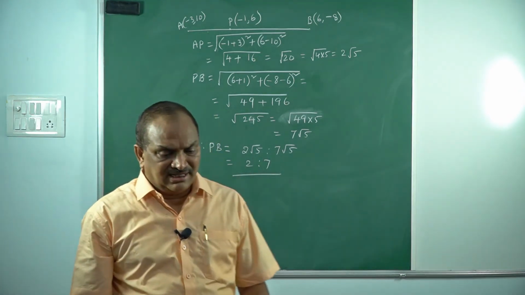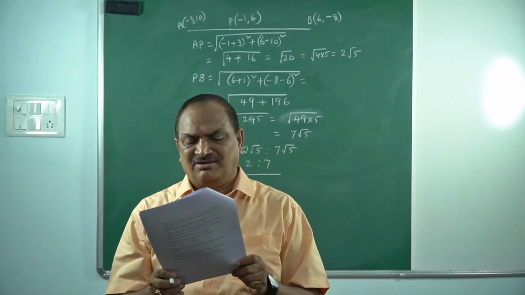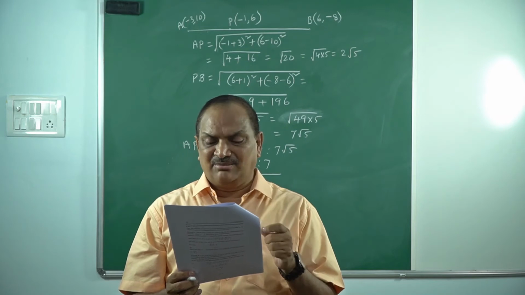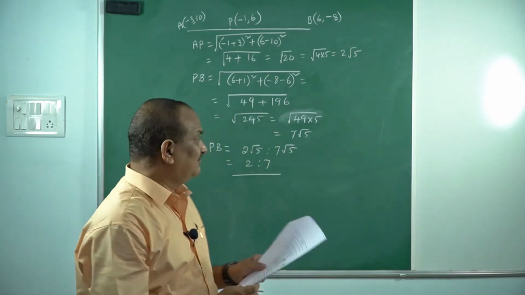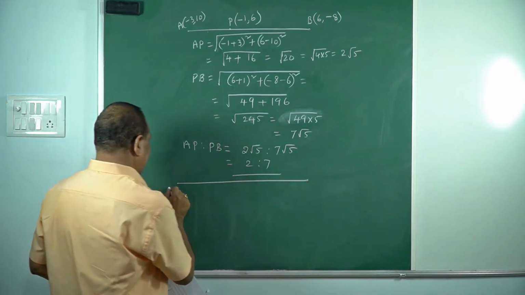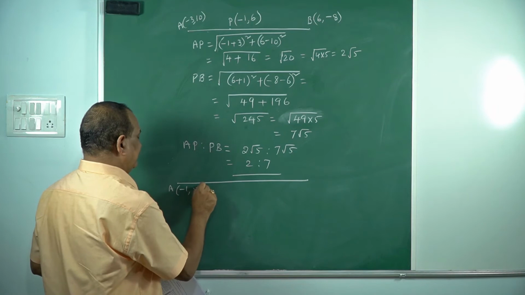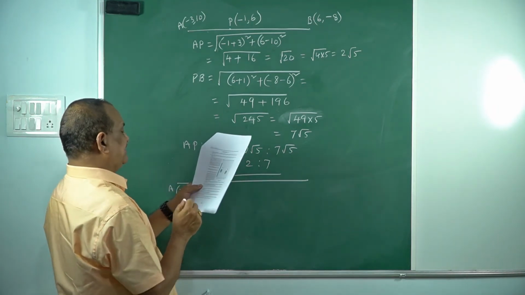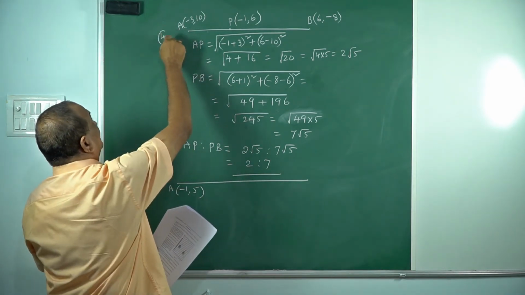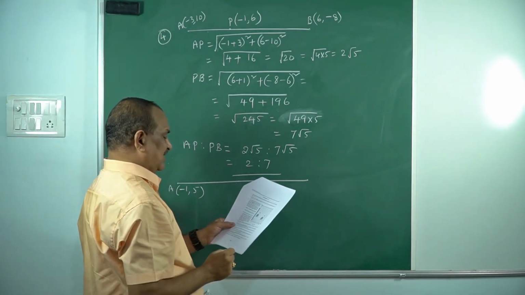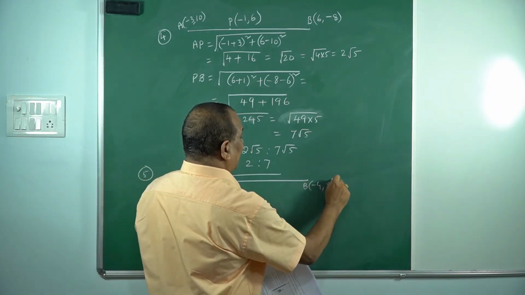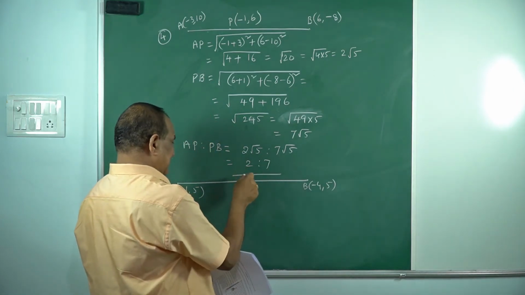Okay, and we take up another similar problem here. Find the ratio in which the line segment A (1 comma minus 5). See, this is an interesting problem. A (minus 1 comma 5). Let me take this as fifth problem. Textbook fifth. A (minus 1 comma 5) and B (minus 4 comma 5), and this is divided by the x-axis.